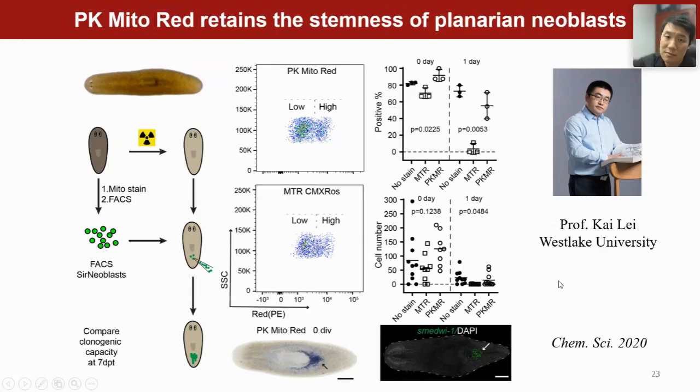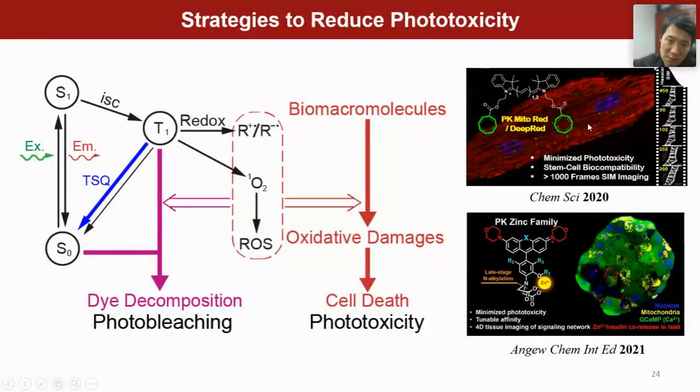So it can give you a lot of information in different dimensions. Under a super resolution microscope, it tells you the structure of mitochondria, but it can also give you some hint on the mitochondrial activity. And the biology here, we are still working on it, but I just want to show you the biocompatibility of this PK Mito Red dye.